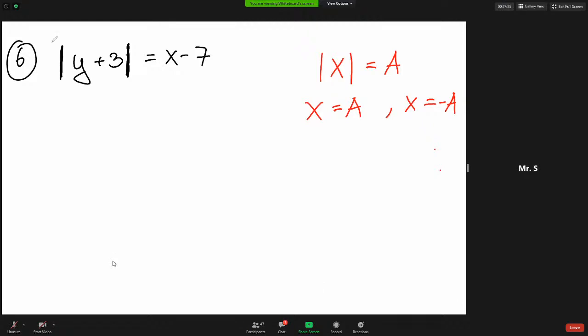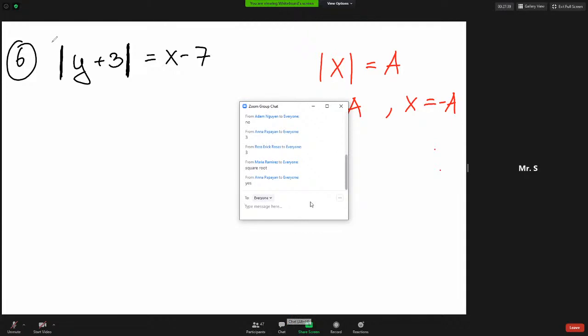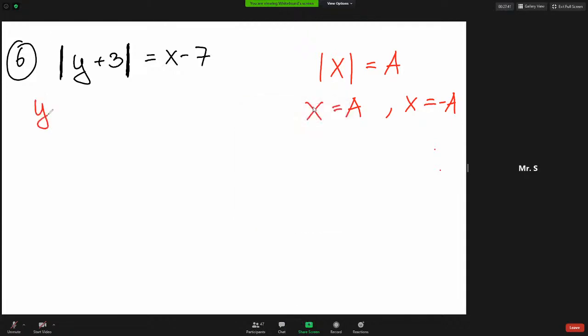If we try to isolate y, we first have to take care of the absolute value, but to do that, we would have to consider the positive. So if y plus 3 is positive, then we would have this equation. Or if y plus 3 is negative, then we would consider this equation.